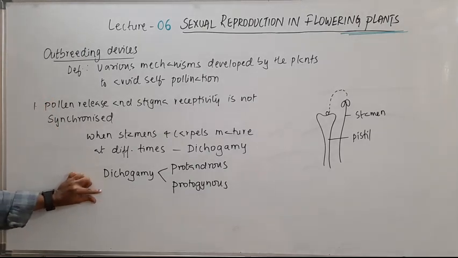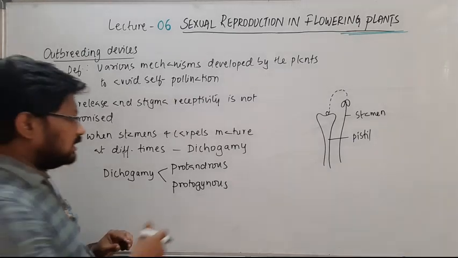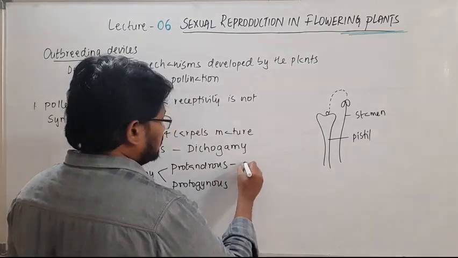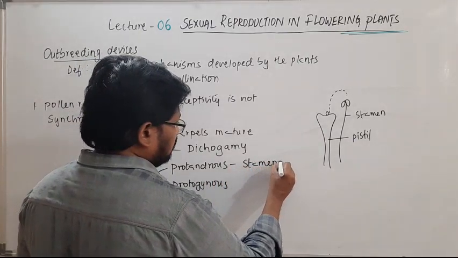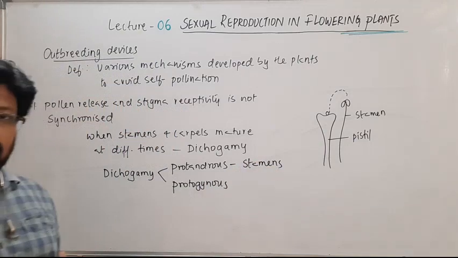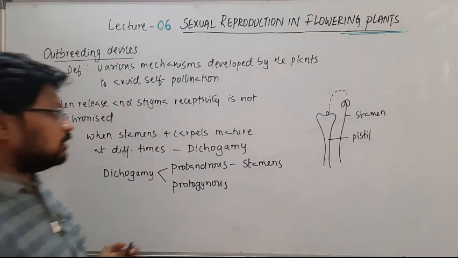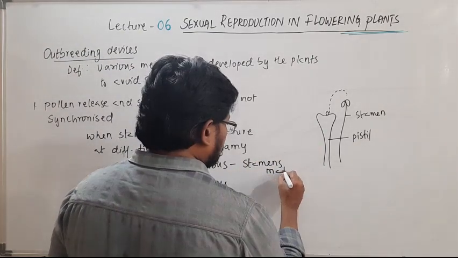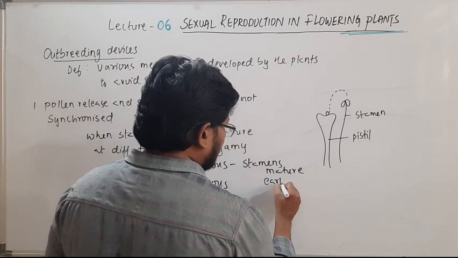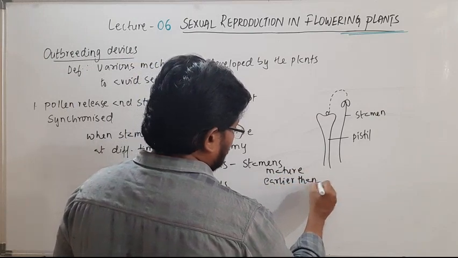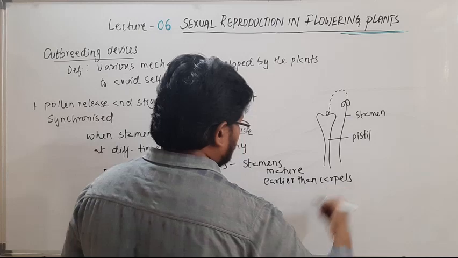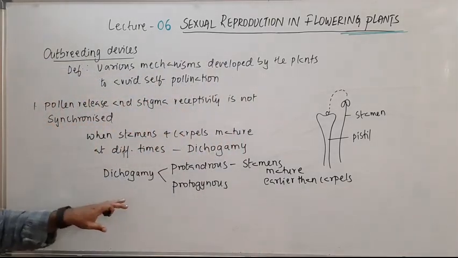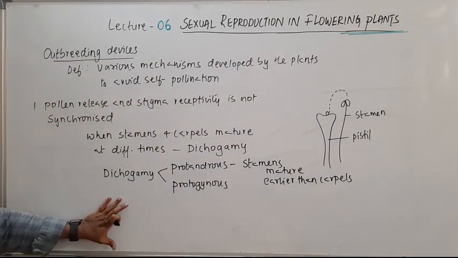Now this protandrous condition, I think in the last video I have given these words, protandrous and protogynous. Now in this protandrous, which means the stamens, the male reproductive organs, mature earlier than the female. So stamens mature earlier than carpels. So in that case, the condition is called protandrous.